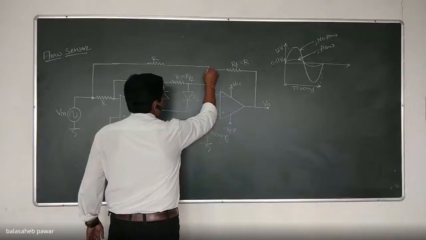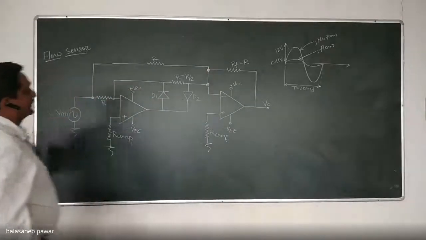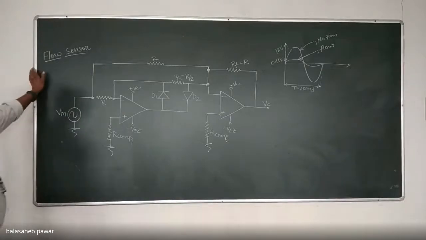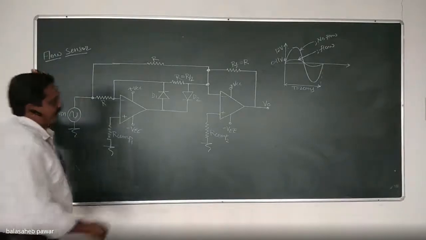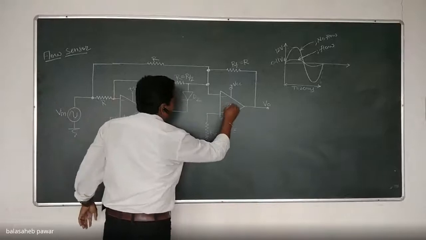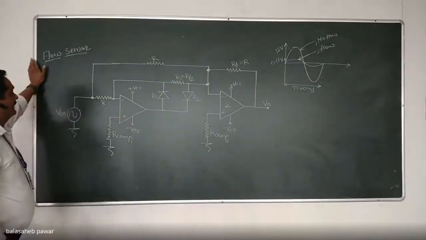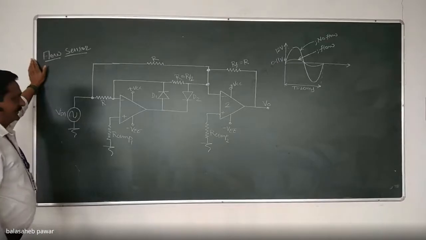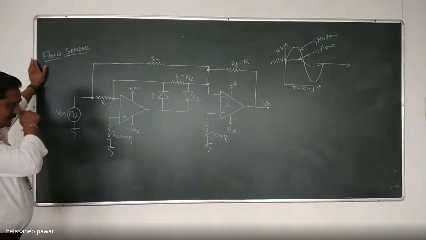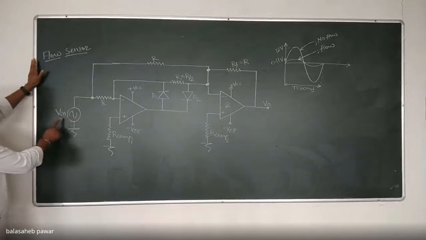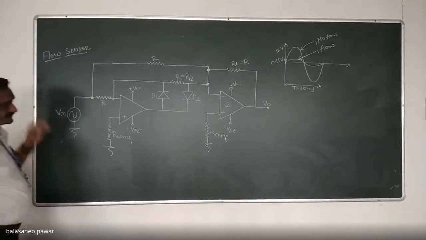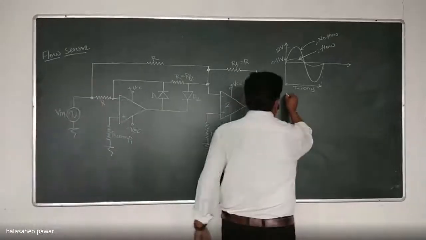Okay. So see, the second op amp is acting as an adder, and the first op amp is simply acting as an inverting amplifier. So during the first positive half cycle of the input signal, I will draw it over here.